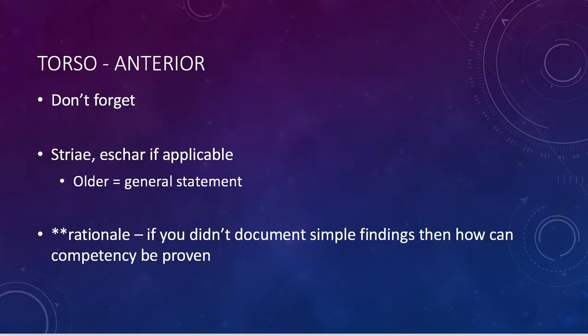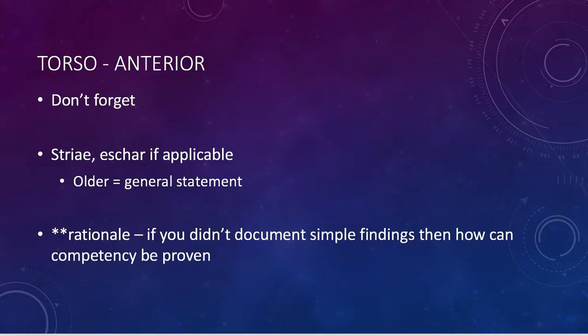And of course on the anterior, anything that's already there, you're documenting everything. So if they've had a child before, they're most likely going to have striae or eschar, and that's okay. If it's an older injury not related to the sexual assault, that's okay.